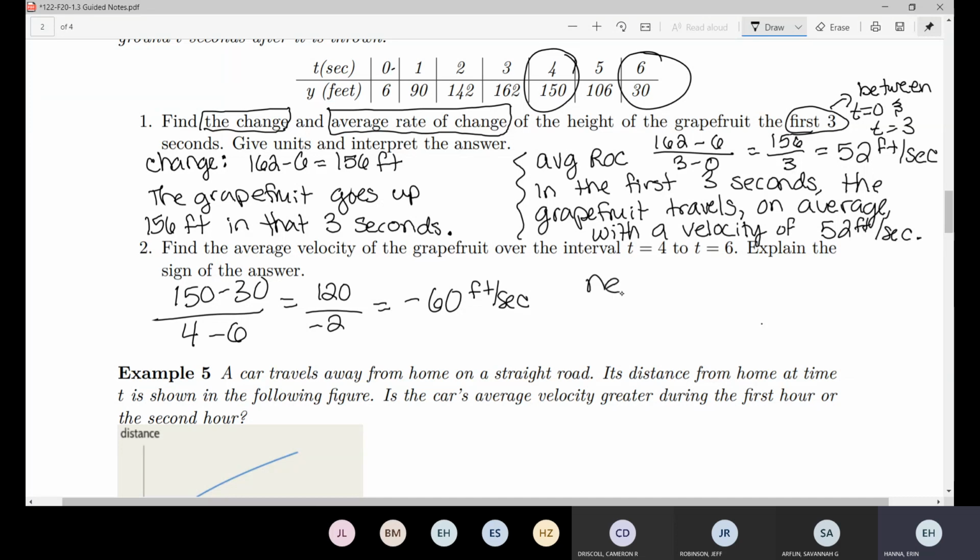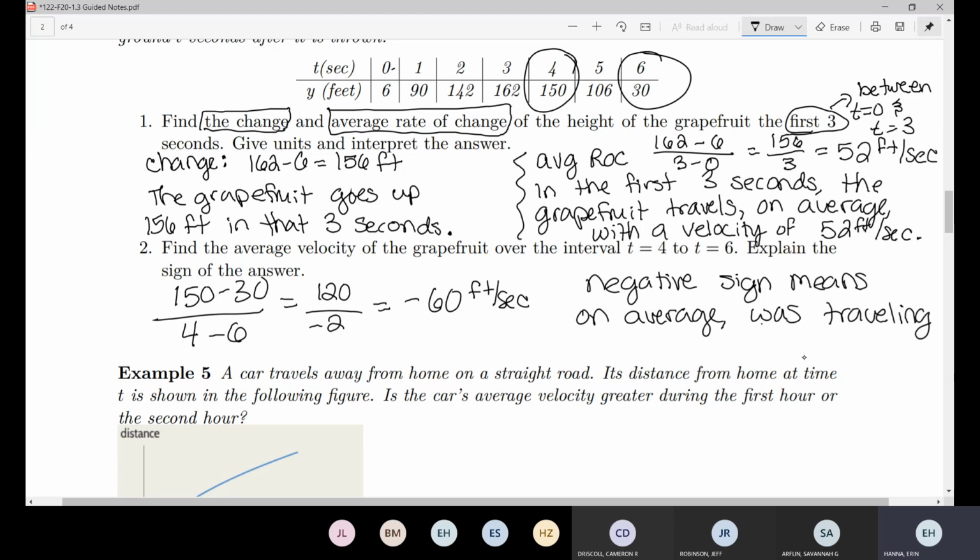So the negative sign means on average it was traveling downwards. Which makes sense if you think about throwing something up in the air, because we live on Earth, eventually it has to come back down. So in the last 2 seconds, it's traveling back downwards. So that's why the velocity is considered negative in that case.